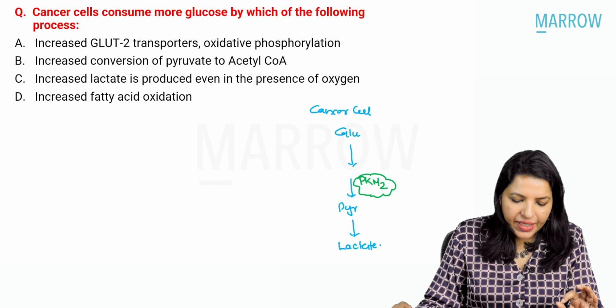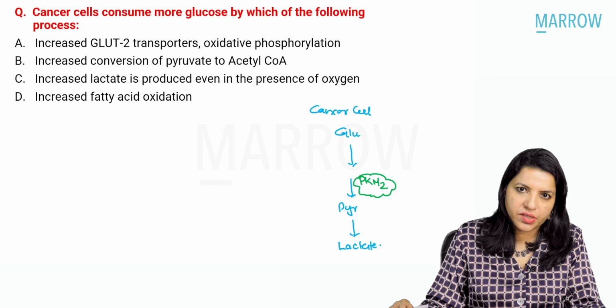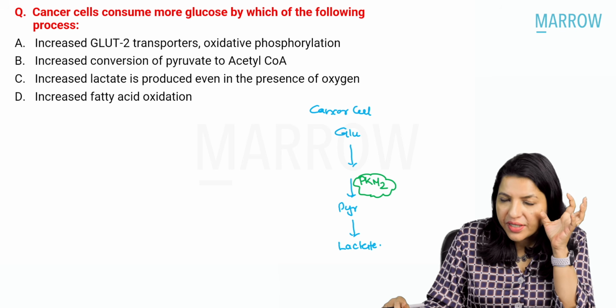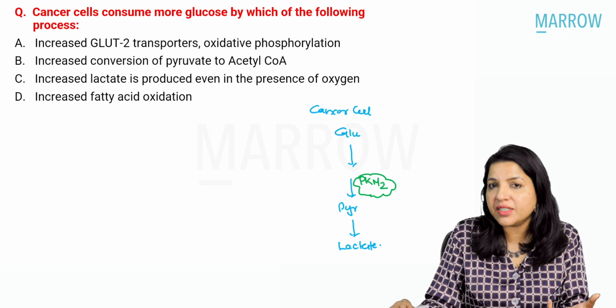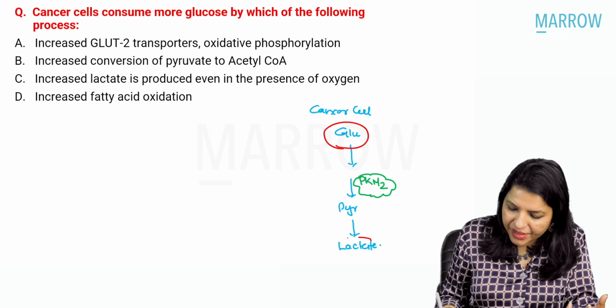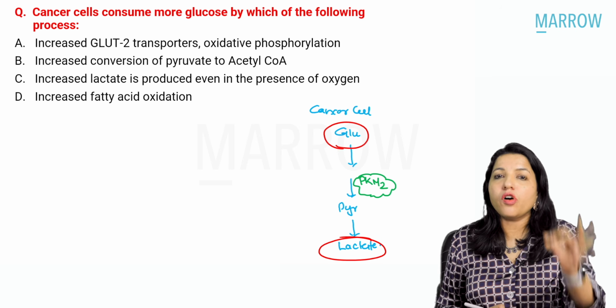The next question is, cancer cells consume more glucose by which of the following processes? So a cancer cell is a peculiar cell where you can see that more glucose is utilized. Why is more glucose utilized? Because whatever glucose is entering a cancer cell is getting converted to lactate even in the presence of oxygen.